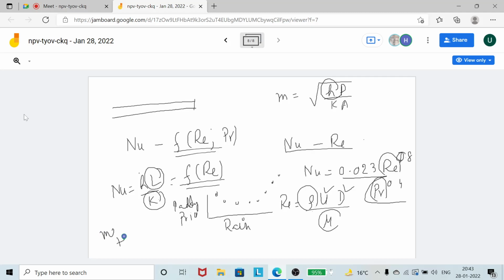For example, the pipe is at 40 degrees and fluid is coming at 20 degrees. Take density and viscosity at 30 degrees. But suppose something is written like mu s, that means mu at surface temperature. Then you take it at the surface temperature only. But otherwise, you take the value only at mean temperature. Is it clear?